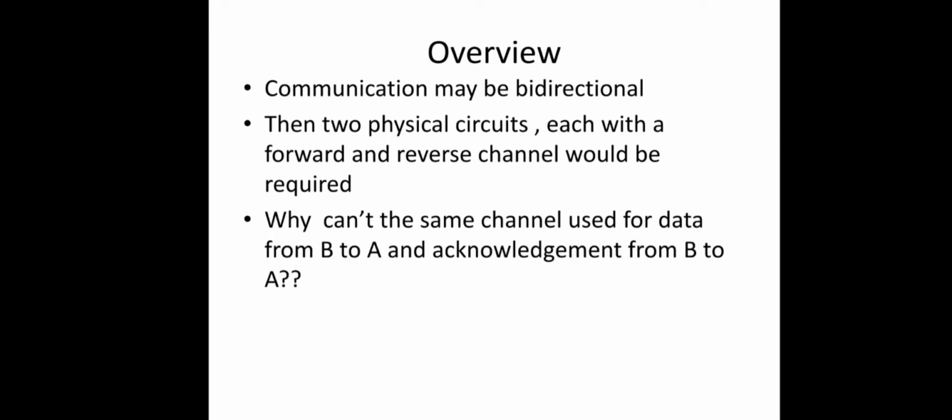So the question is, instead of using two different channels in the same direction, one for data and one for acknowledgement, why can we not use the same channel for both? That is, we use the same channel for data frames from A to B and also acknowledgements from A to B. Yes, definitely we can use it, right?